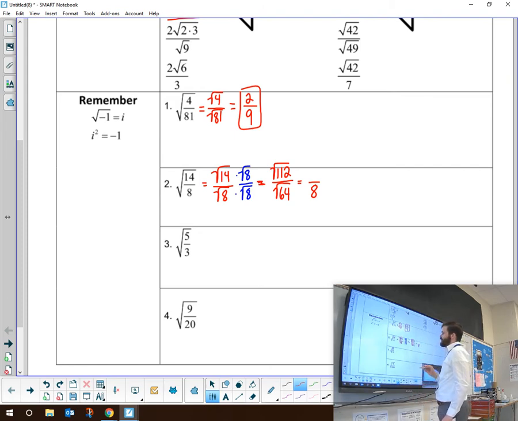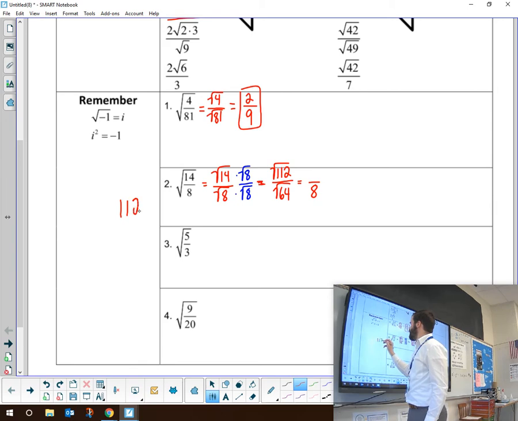But now let's take this 112. This 112, I need to simplify, don't I? So I'm going to take this 112, and I'm going to simplify this guy. We're going to go 112 divided by, actually, let me give myself some more space.